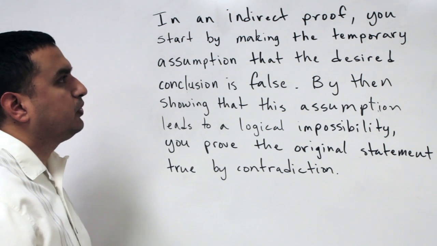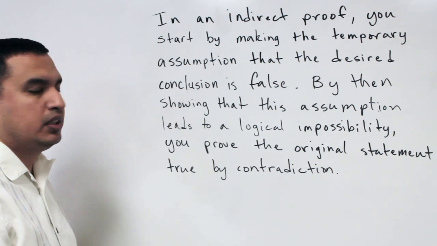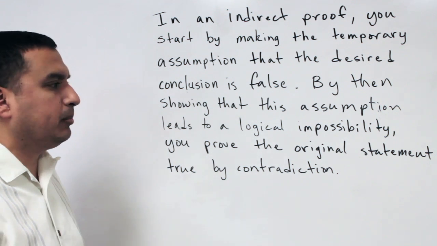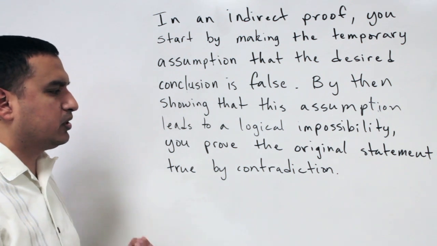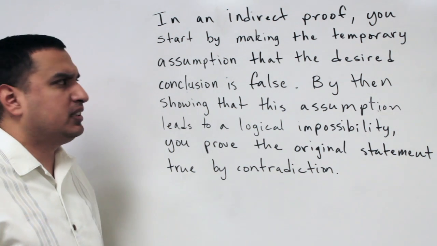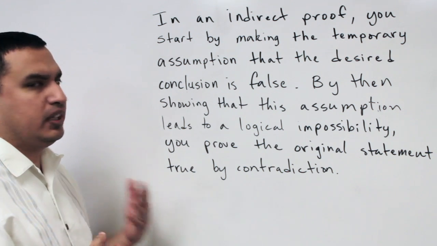In an indirect proof, you start by making the temporary assumption that the desired conclusion is false. By then showing that the assumption leads to a logical impossibility, you prove the original statement true by contradiction. What this means is that you take your proof statement and you want the opposite of that.